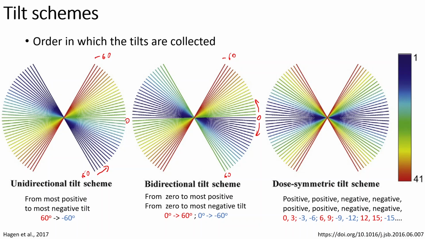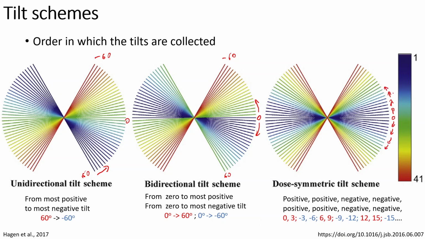And then we have the most, let's say, complicated one, the dosimetric tilt scheme, where we actually start at 0 and then take 2 tilts in the positive direction, 2 tilts in the negative direction, and then again 2 tilts in the positive direction, 2 tilts in the negative direction.